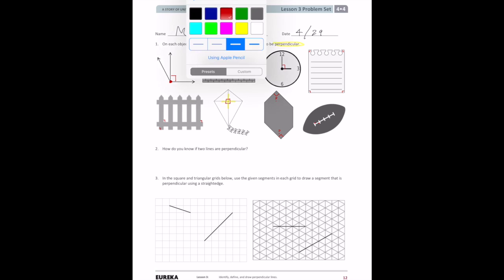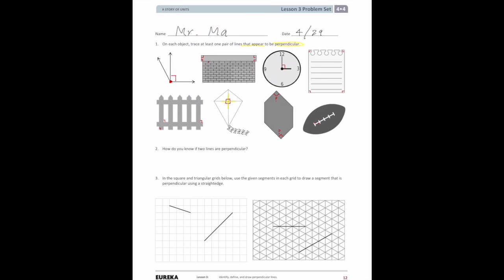All right, number two, how do you know if two lines are perpendicular? So you define that. Well, what would you think? Think to yourself, take a moment.